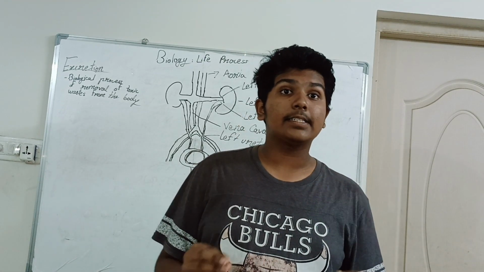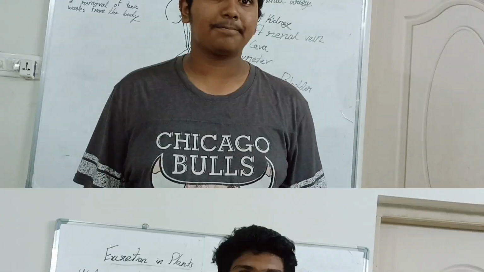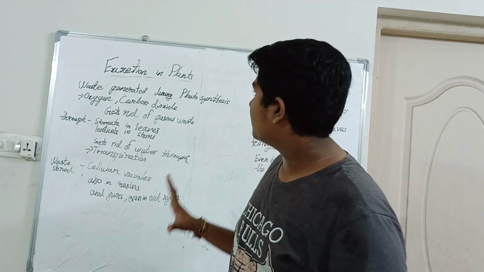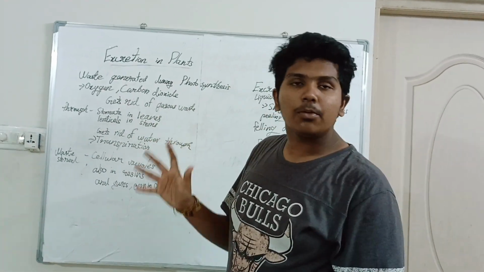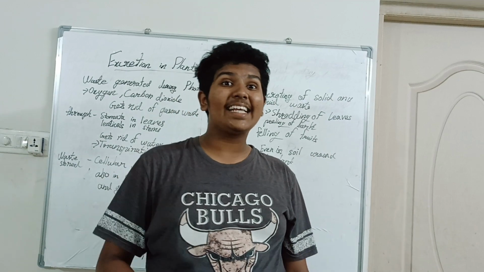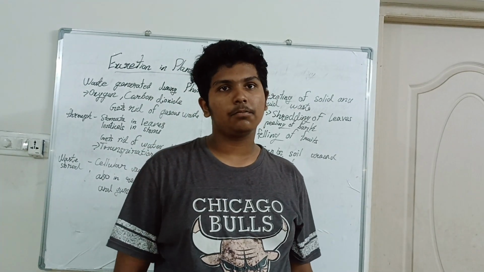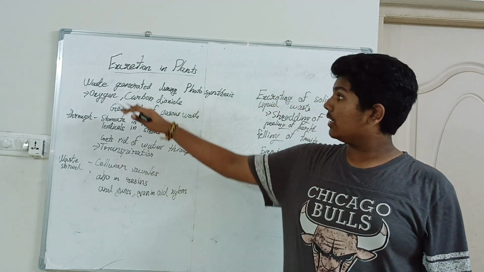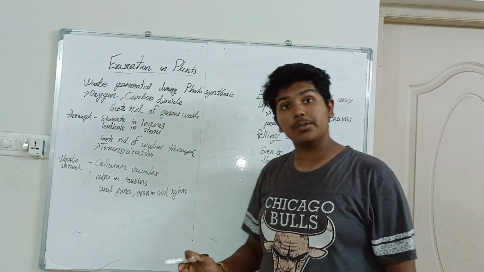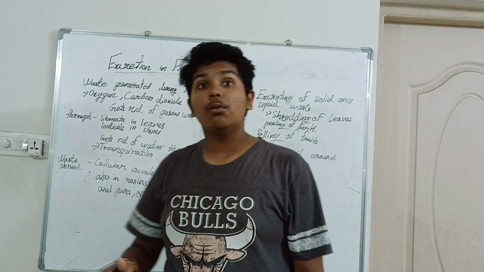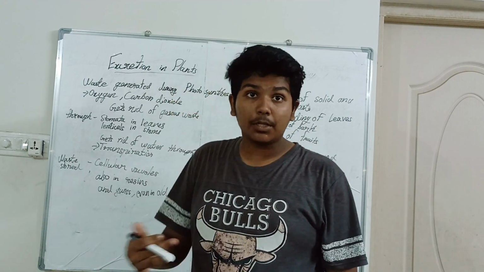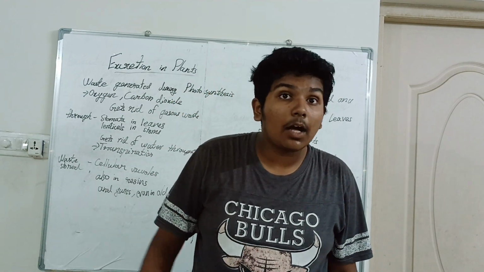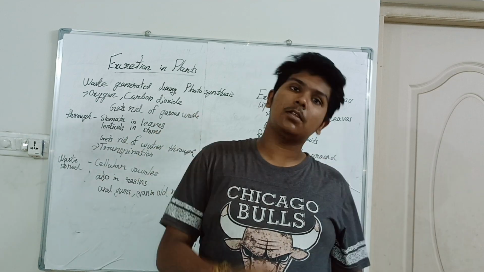Now let's start with excretion in plants. How does a plant excrete or put out waste? How is the waste generated during photosynthesis? What is the waste produced or excreted out during photosynthesis?